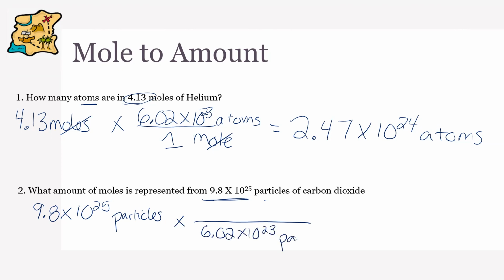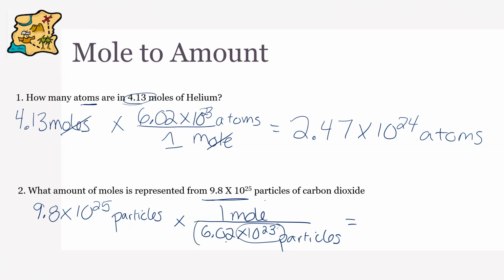Be very careful when plugging this specific version of the problem into your calculator, because oftentimes students, if they don't enter it correctly, will end up actually multiplying by this part of that number and get a very crazy exponent like 48, 49.